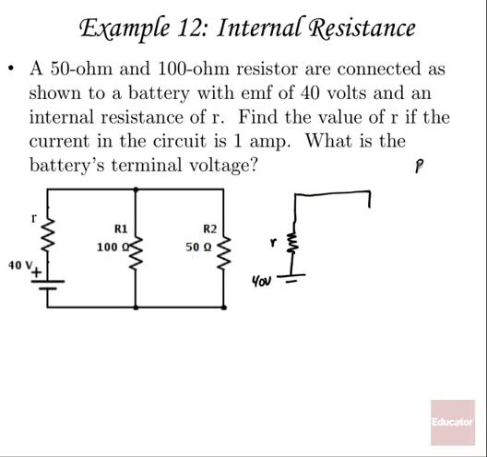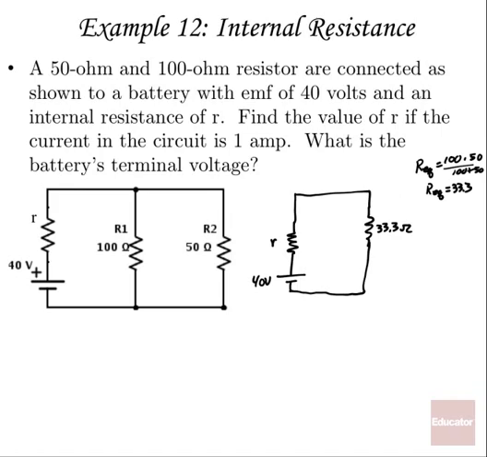Well, R equivalent is going to be 100 times 50 over 100 plus 50. So 100 times 50, 5,000 over 150. R equivalent is about 33.3 ohms. So I'll put that in here, 33.3 ohms. And our circuit just became a whole lot simpler.